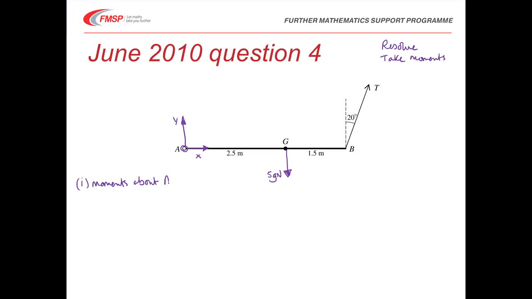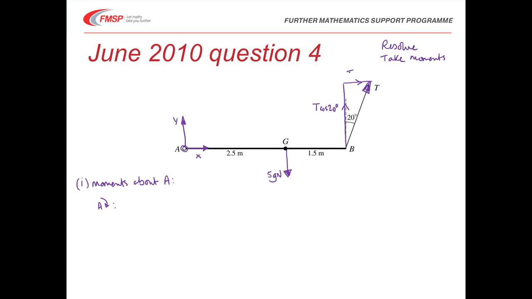If I take moments about the point A, I can ignore the forces acting through A. But I will need to think about this tension force at the end. This force is acting at an angle, so I'm going to split it into two components, a vertical component and another component here, horizontal. The vertical component is next to the angle, so its magnitude is T cos 20 degrees.